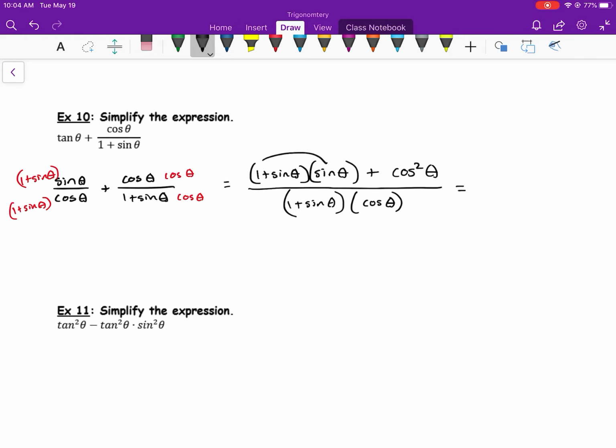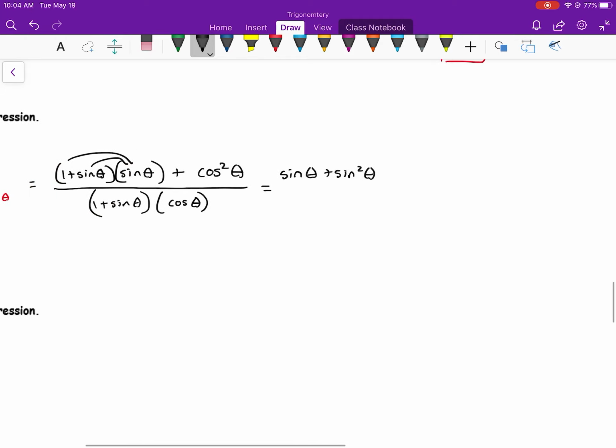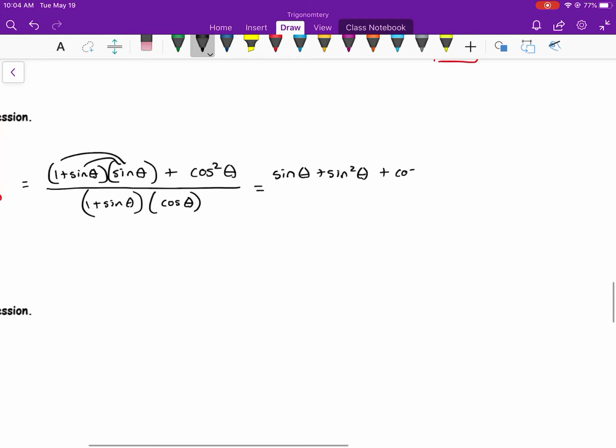I'm going to distribute here. I get sine of theta plus sine squared of theta plus cosine squared theta. It's a little tedious problem. I'm going to leave the bottom for now.